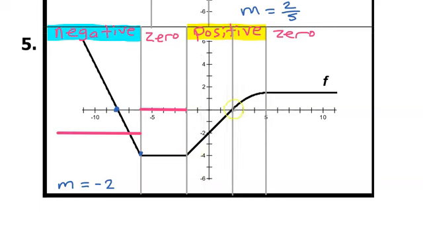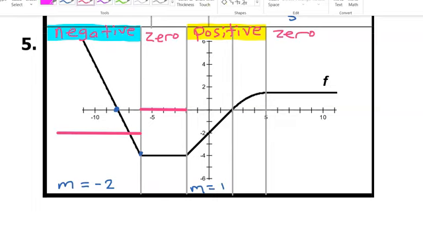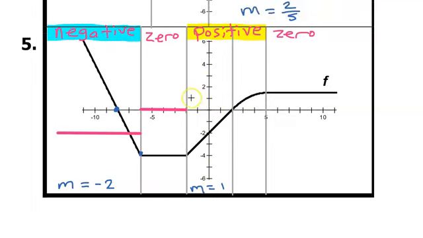Because for the linear part, we can again calculate exactly what the slope is. So it's going up 2 over 2. So this is a slope of +1 in this interval. So that means we should draw f prime as a horizontal line at 1.